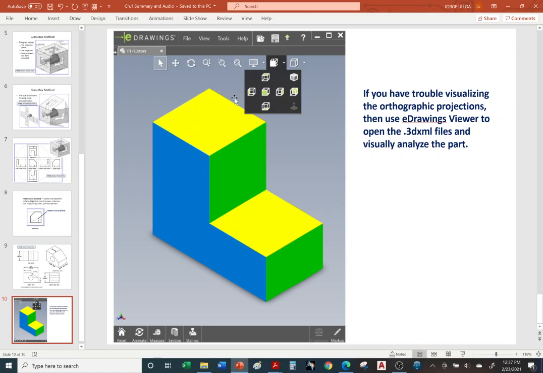So those of you that are having trouble visualizing the orthographic projections, front view, side view, top view, then in the second video, I'll show you how to download eDrawings and how to open up the file. So I will provide you a zipped folder, a compressed folder with all 16 3D models. And I'll show you how to unzip it and how to open them.